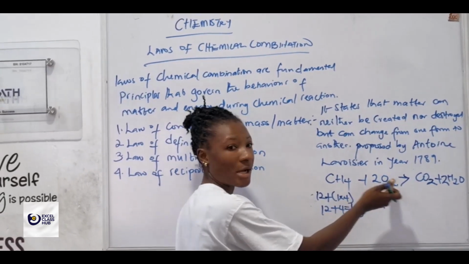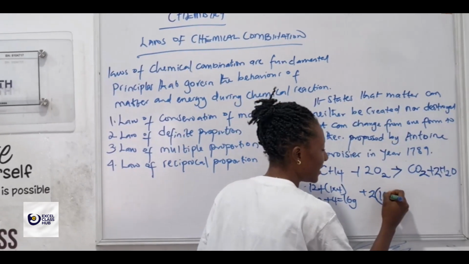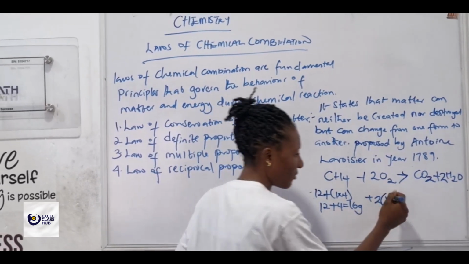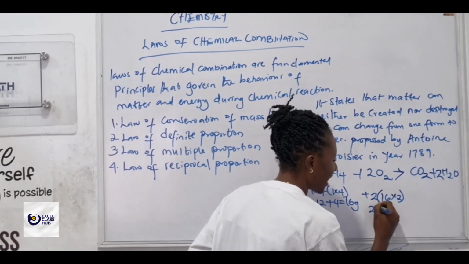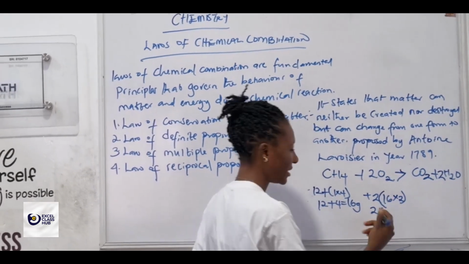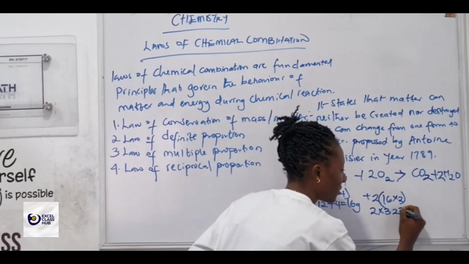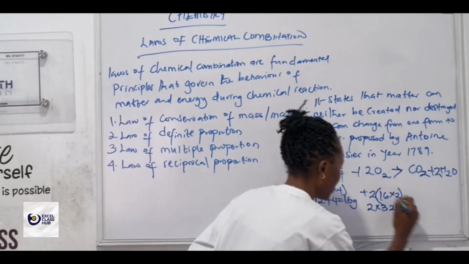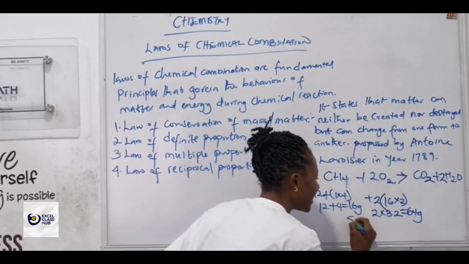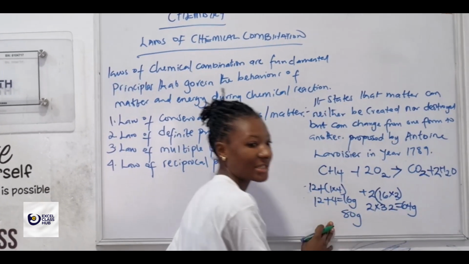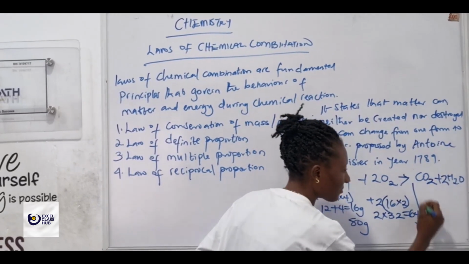But since you have only oxygen here, we have our 2 outside, into bracket 16 times the 2 atoms of oxygen that we have here, which will give us 2 times 16 times 2 is 32. 2 times 32 will give us 64. So you have 16 grams of methane and 64 grams of oxygen to give us 80 grams of reactant in total. Let's move to the product side.